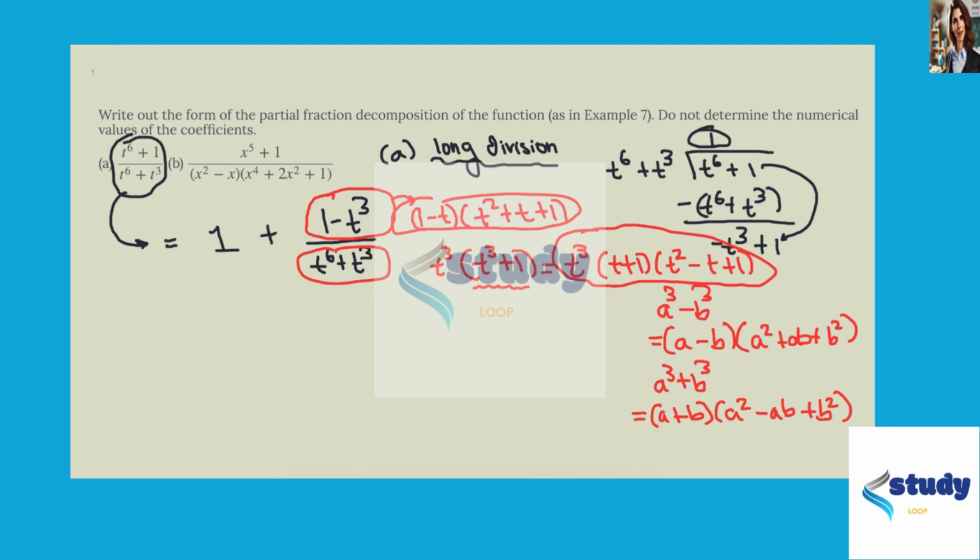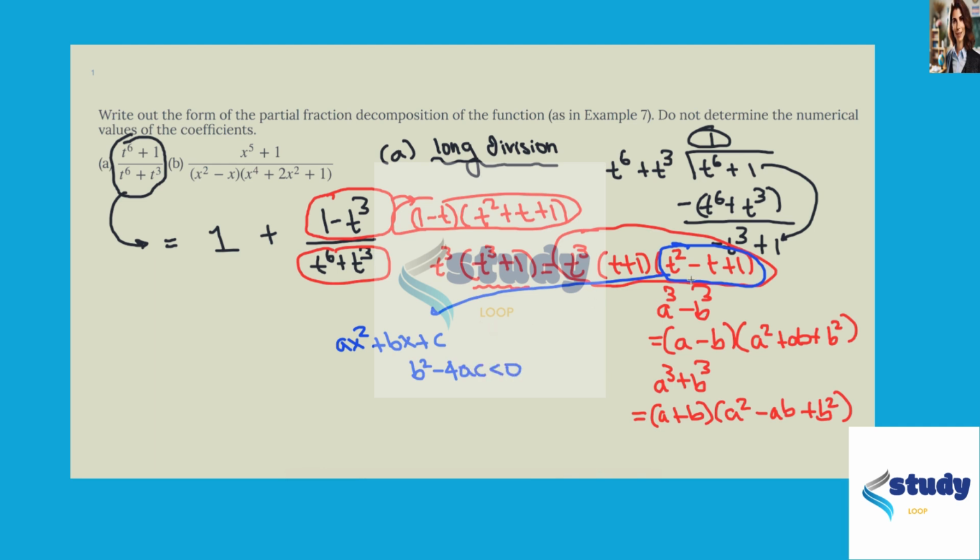What we should do here is check if this quadratic factors or not. Because if this factors, we need to factor it before we do partial fraction decomposition. So recall that if you have a second degree quadratic, this will not factor if b squared minus 4ac is negative.